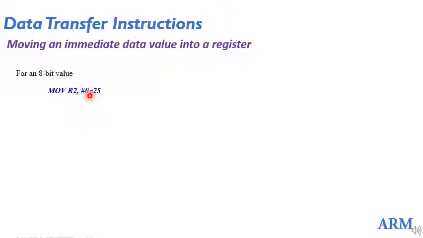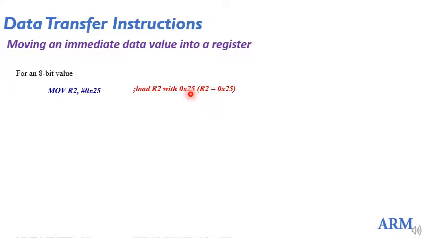MOV R2, #0x25 will load register R2 with the 8-bit value 0x25. 8-bit corresponds to 2 hex digits, so it can take values from 00 to FF. In decimal it is 0 to 255, since 2 power 8 is 256.